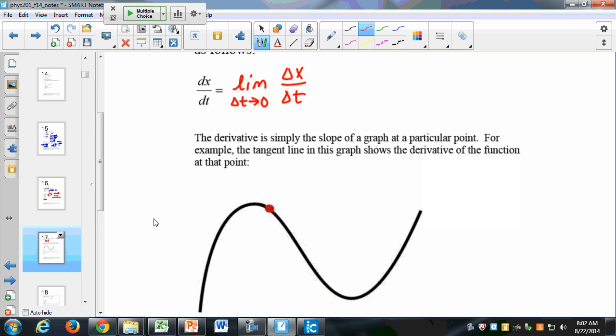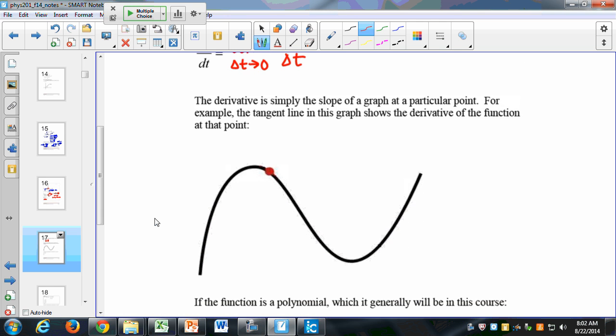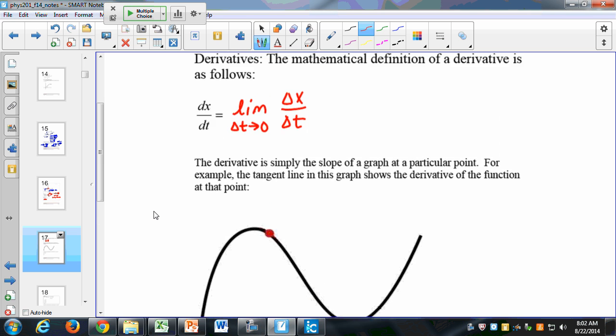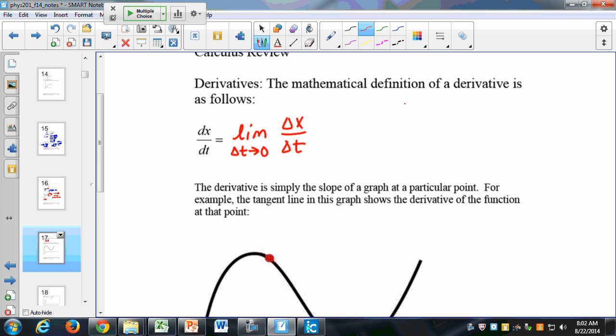Say you have a graph right here. Actually, let me draw another graph. We'll come to that one. Say I have a plot of x over t, and let's say that plot is a straight line like this. The derivative just gives the slope of that line. And in fact, it gives the slope of the line at a particular point. So the slope of this line is rise over run, which is delta x over delta t. Right?